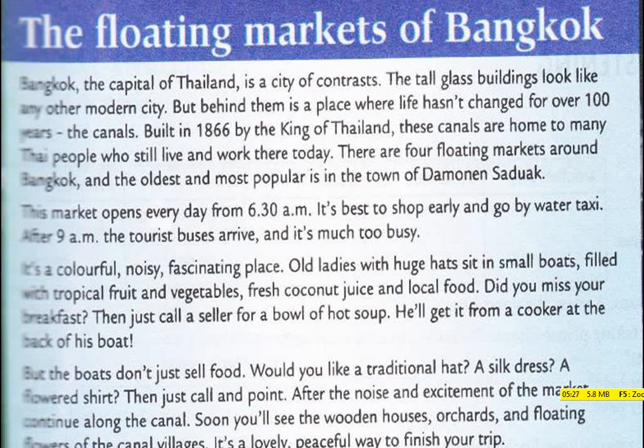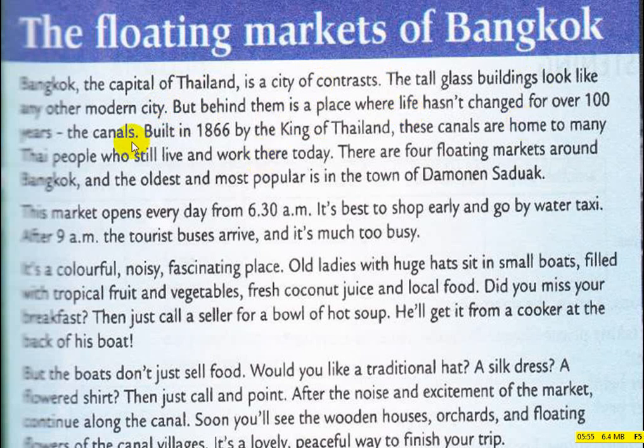The floating markets of Bangkok. Floating means floating. Bangkok, the capital of Thailand, is a city of contrasts. Contrasts means contradictions. The tall glass buildings look like any other modern city, but behind them is a place where life hasn't changed for over 100 years.